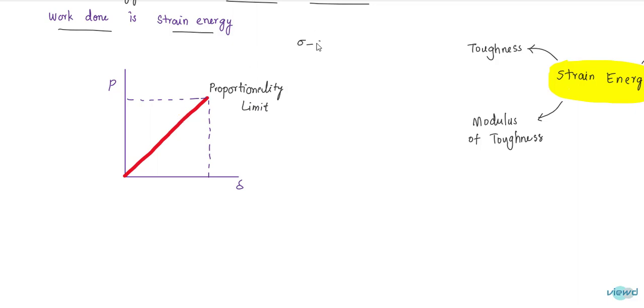For sigma epsilon, that is the stress strain curve, and the P delta curve are both the same, but the values will be different on the graph, but both are identical. So up to the proportionality limit, there is a straight line. The area under this gives us the strain energy or work done.